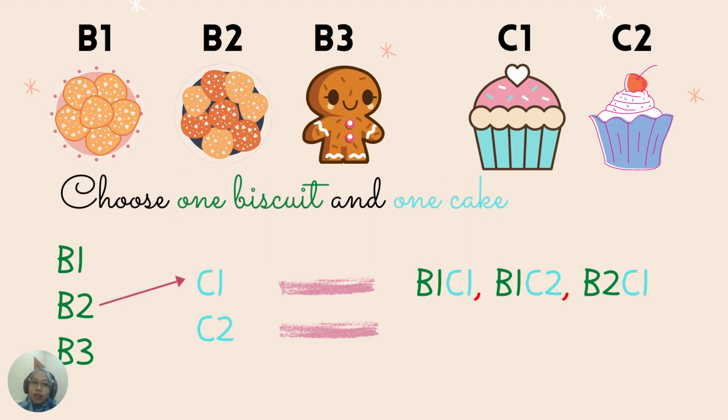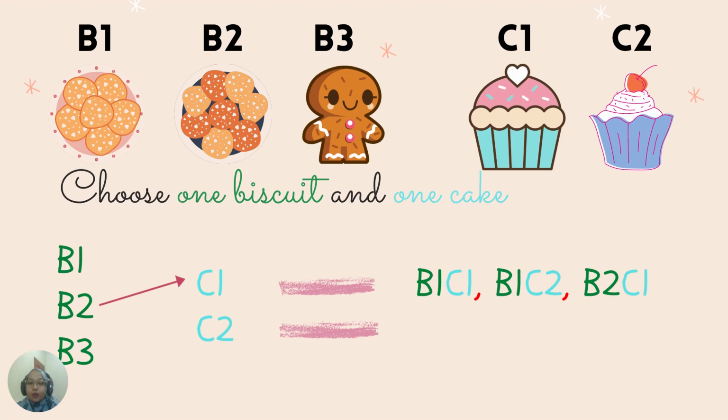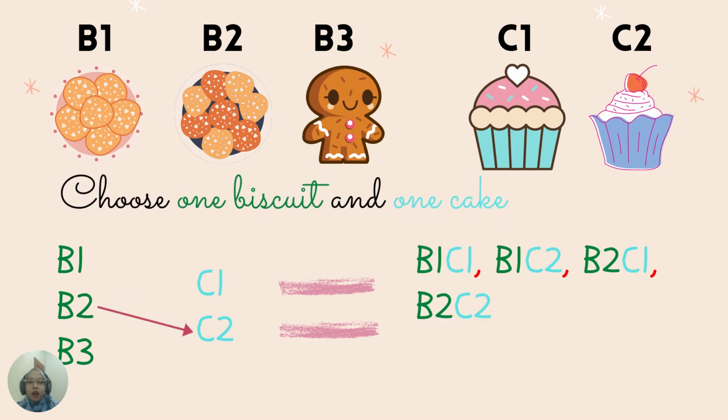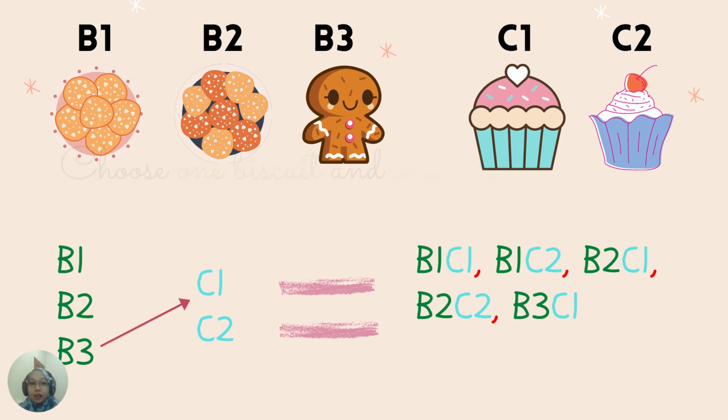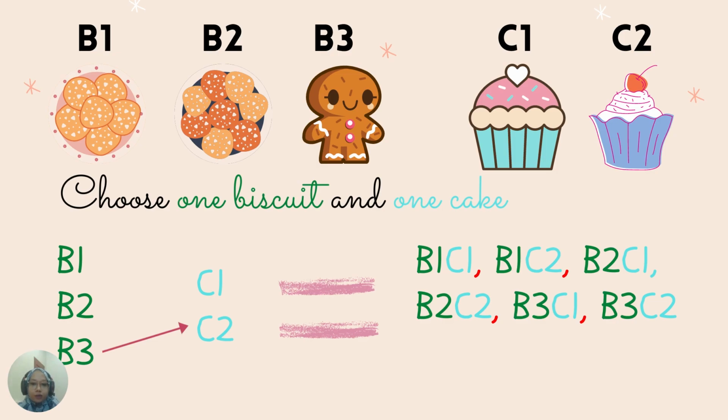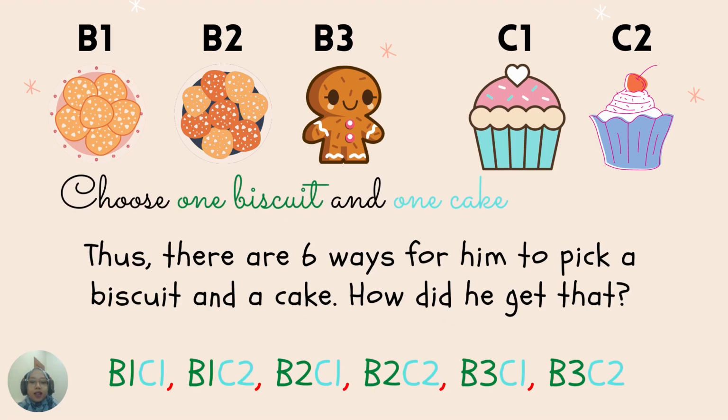Same goes for B2 and C1, B2 and C2, and also the same thing for B3 and C1, B3 and C2. So in total, you can see that there are 6 ways to pick a biscuit and a cake, which are B1 C1, B1 C2, B2 C1, B2 C2, B3 C1, and B3 C2.